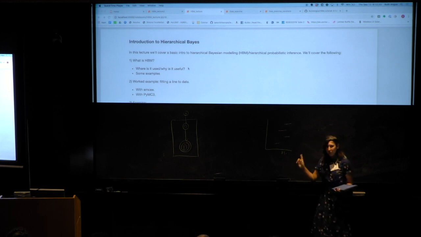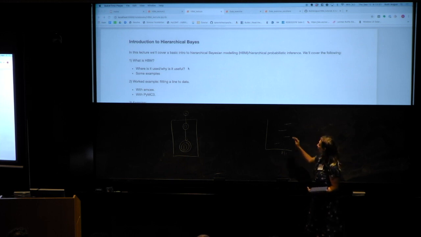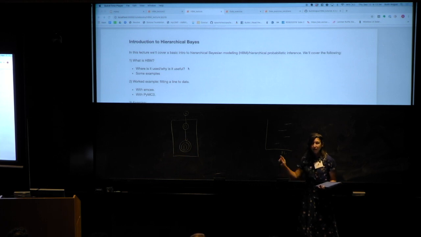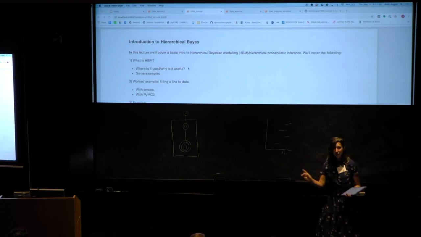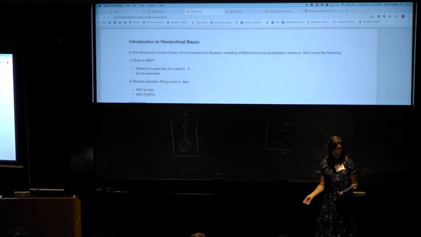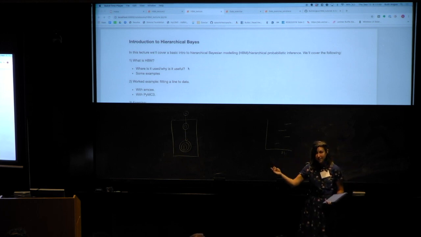If you believe that all of these measurements are valid, and maybe they are just the same measurement of H naught with some noise, then you could infer an overall H naught from all of the observations of supernovae, Cepheids, etc. at the same time. You'd infer a mean value of H naught, and that is your prior that you're inferring. And you'd infer a standard deviation for that distribution of H naughts.